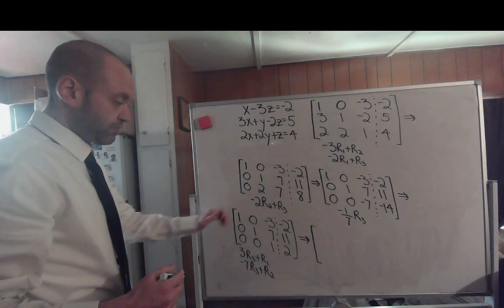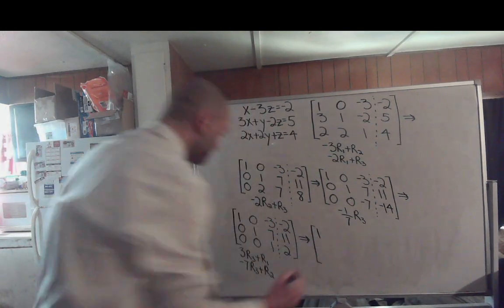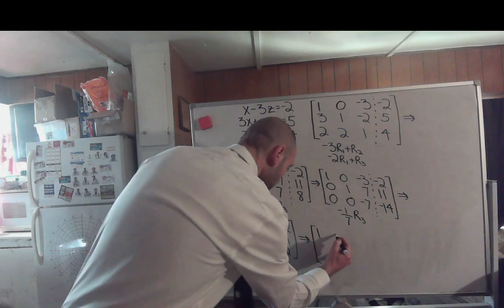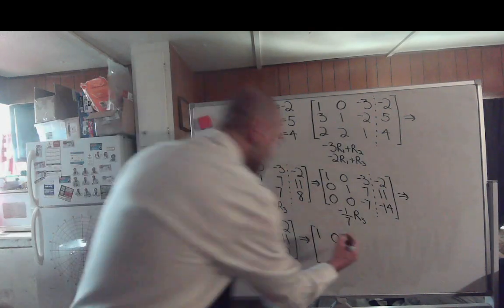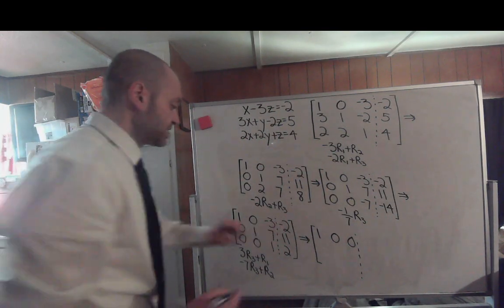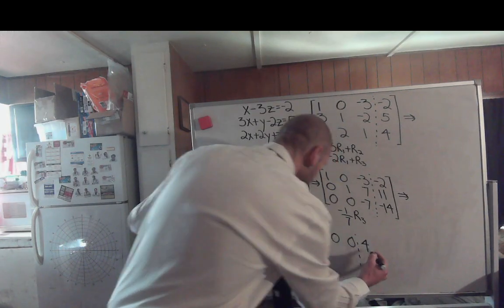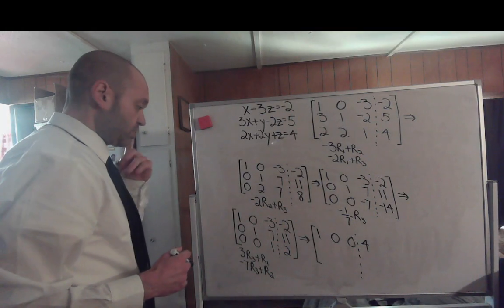So row 3 and row 1 together, so 0 plus 1 is still 1, 0 plus 0 is 0, 3 minus 3 is 0. Alright, 6 minus 2 is 4. So there's my row 1 transformed.